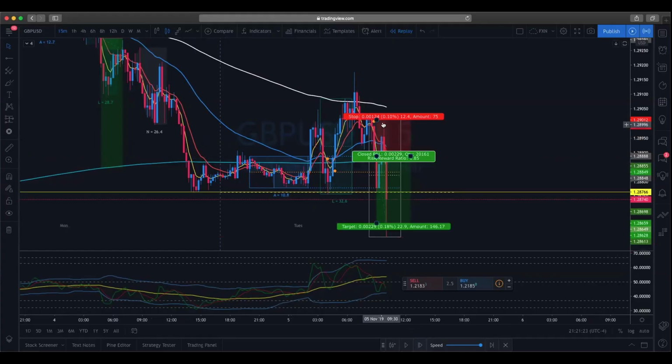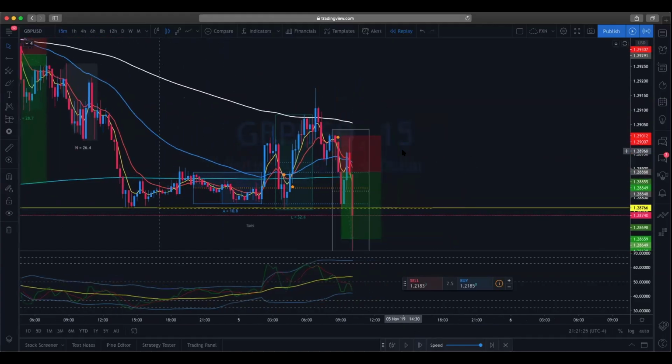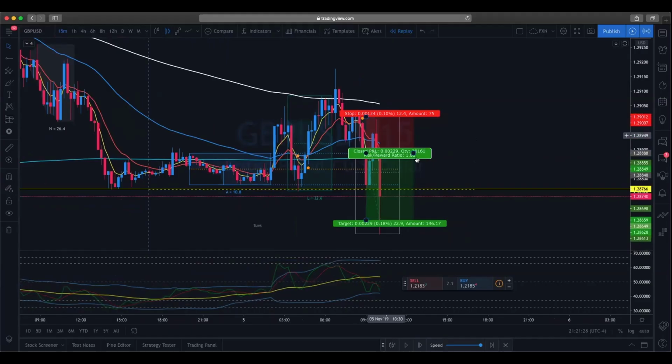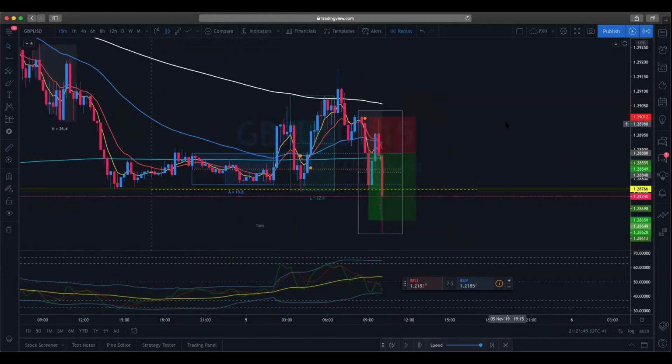Damn, talk about close. Depending on how much your spread is, that probably could have taken you out. That's literally about a pip and a half or something like that.